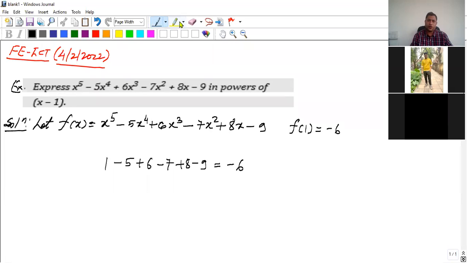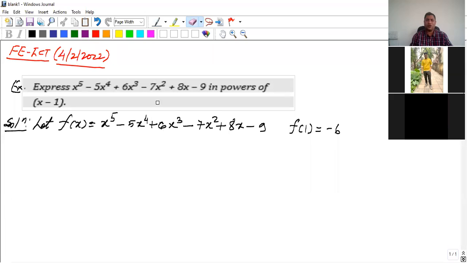Okay, all of you are getting this one? Or is there any different value that you are getting? Okay, that's good. So we got f of 1 is equal to minus 6. Now, what is our next task? Go on taking the derivative of this function.